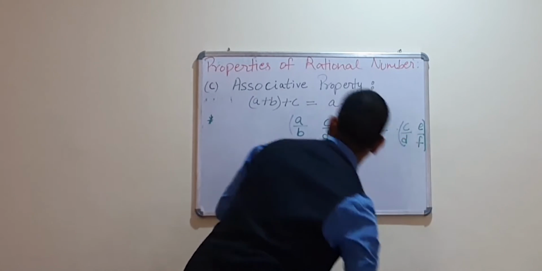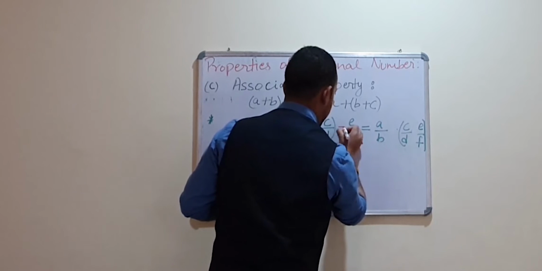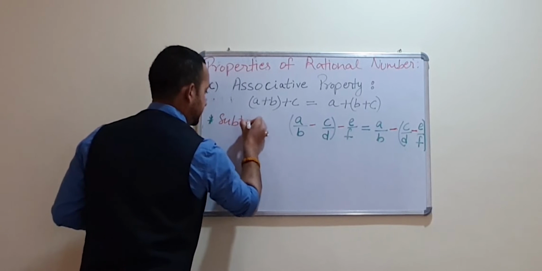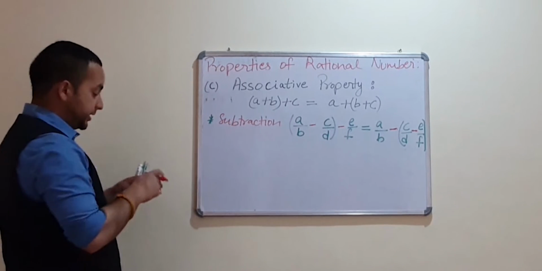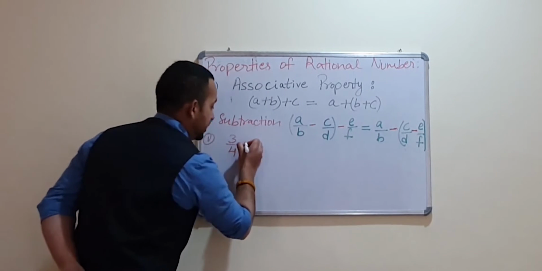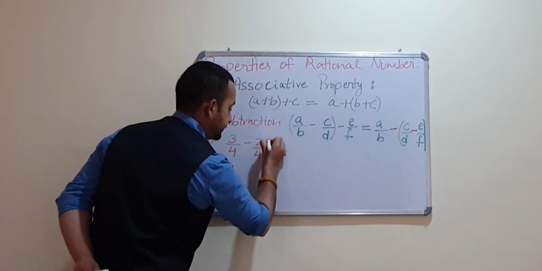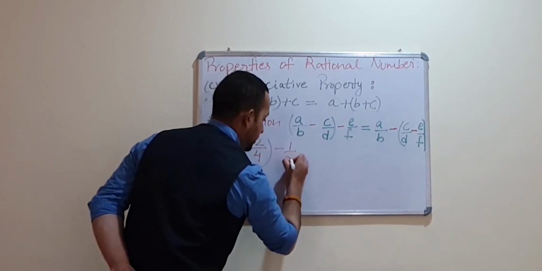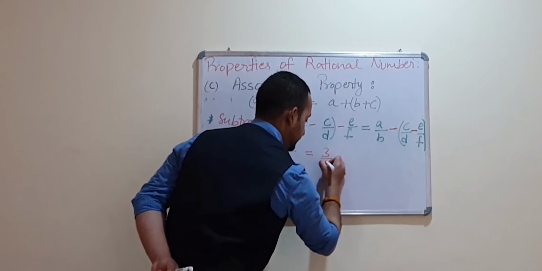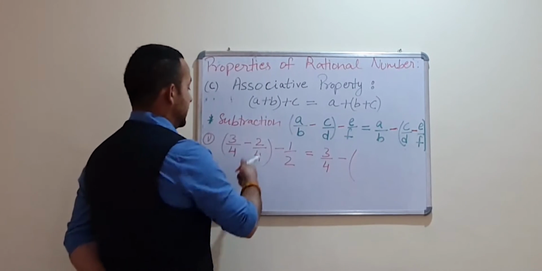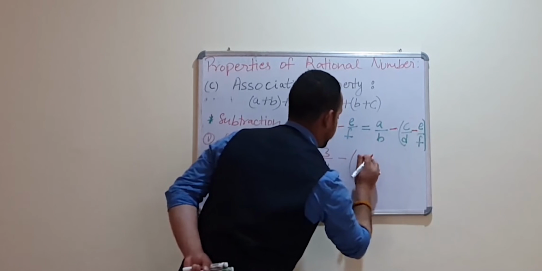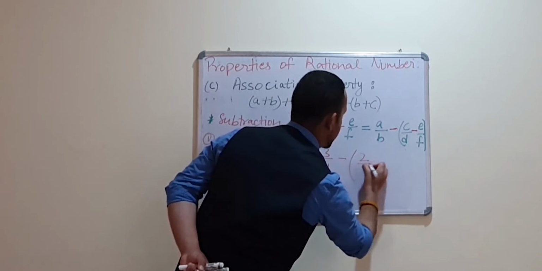In case of subtraction, the formula is the same, the only difference is the operation. Let us take an example: 3/4 minus 2/4 minus 1/2 equals, in place of a/b I substitute 3/4 minus, whole bracket open, in place of c/d I write 2/4.